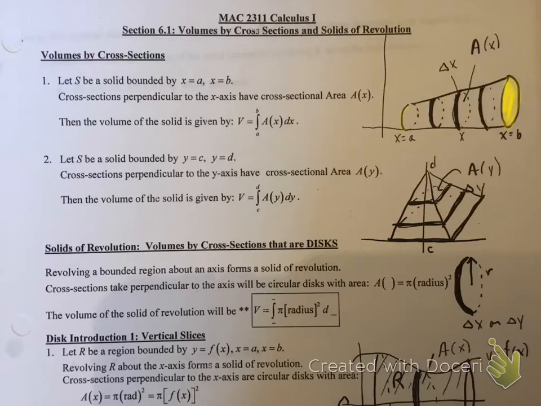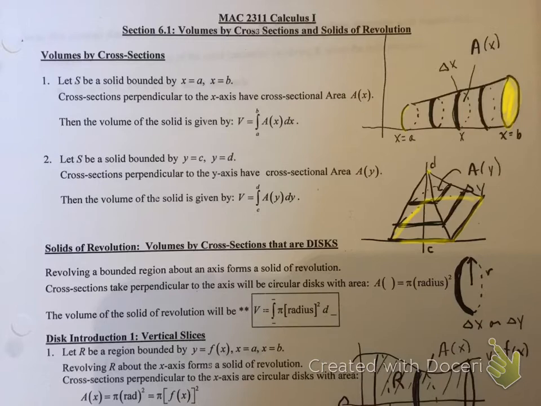And then secondly, let S be a solid bounded by y equals C and y equals D. So I'm looking at the second figure here. And then we make cross sections of the area. So in this case, we're making square cross sections. Then the volume of the solid is given by volume equals the integral from C to D of A(y) dy.